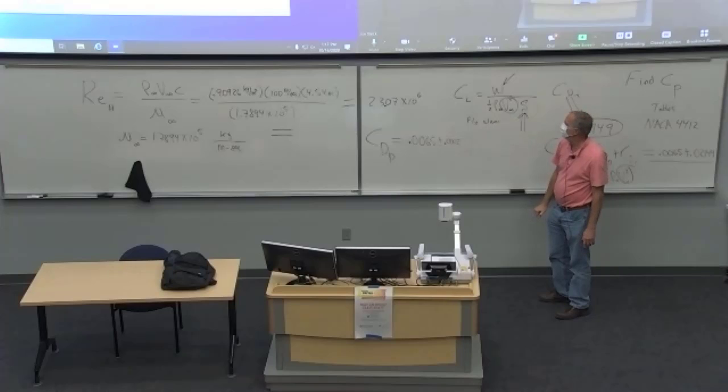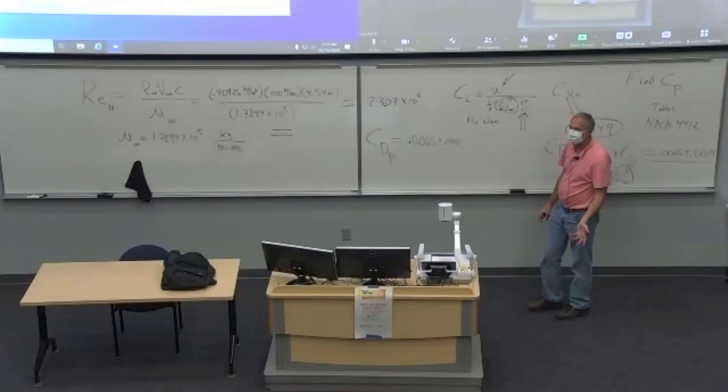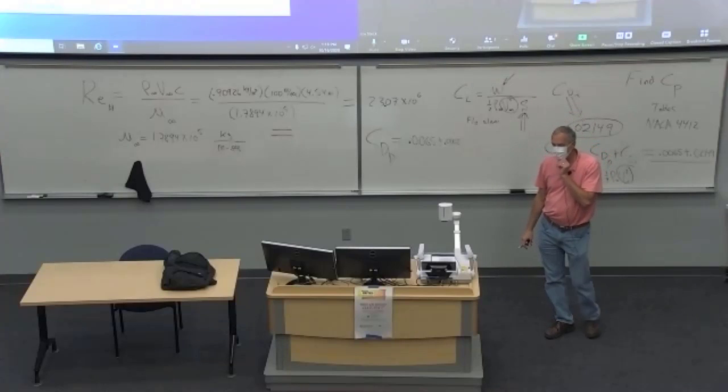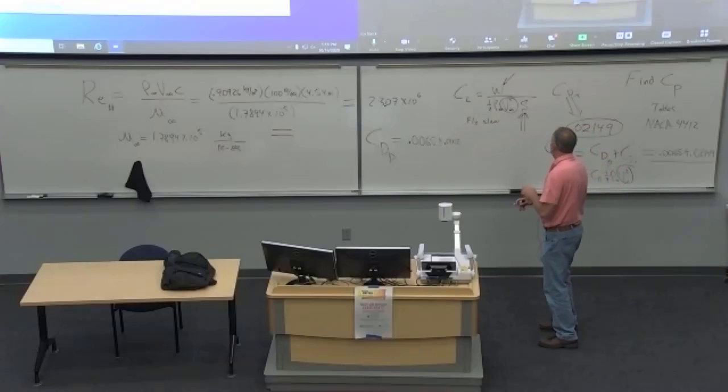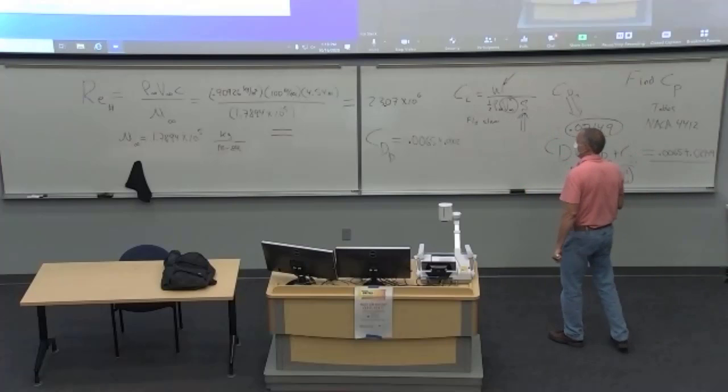There's a trade-off there. So designing an airplane to fly at a certain cruise speed is an optimization of design. All right, so that's how we calculate the drag and include the effect of the finite wings, which we have to because we can't build it infinitely. And we're out of time, so let's stop there.